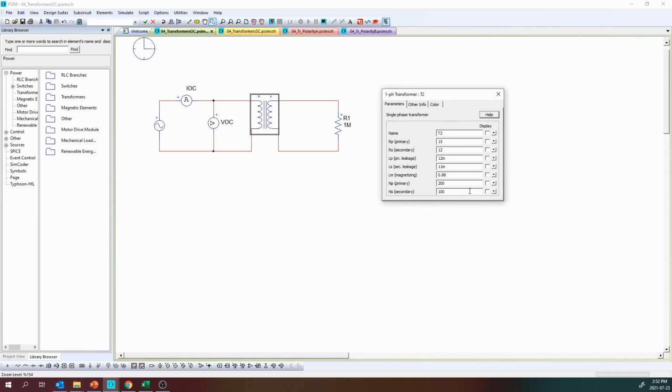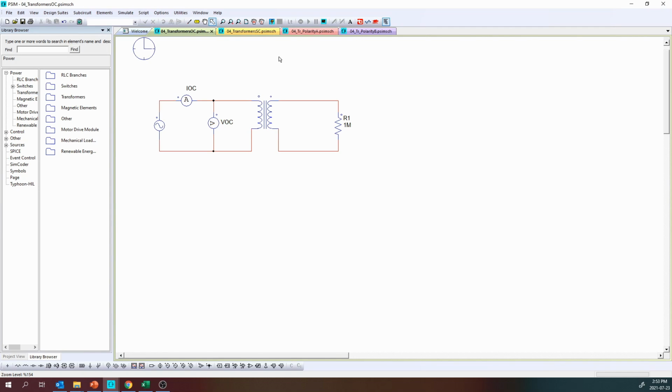This is the window for the properties of the transformer, and you're going to have to change these values depending on your group number, and that is going to give everybody a different set of values for this simulation. These numbers that you input for the open circuit test, you're also going to have to change for the short circuit test. Keep that in mind. That's important because it will give you the different results that we're looking for.